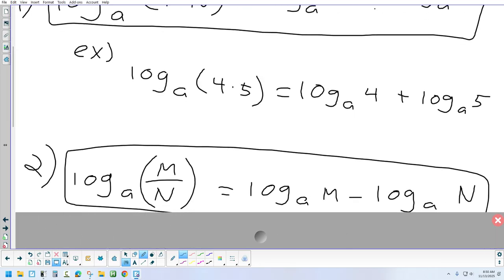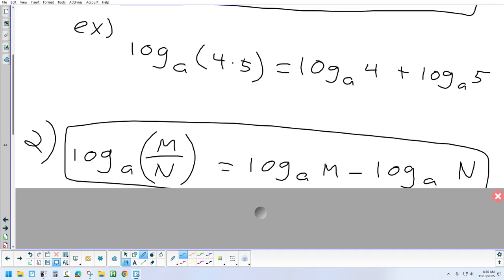You have to make sure it's the log of the numerator minus the log of the denominator. Question on that one.